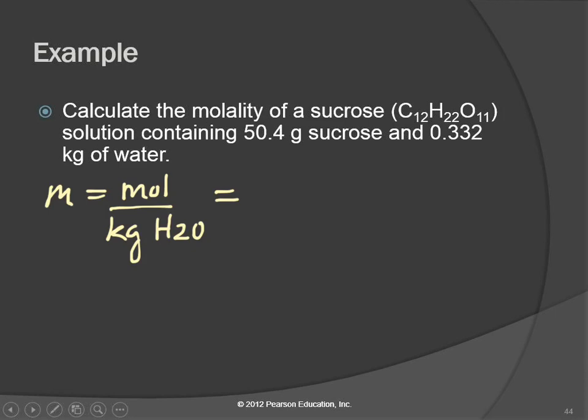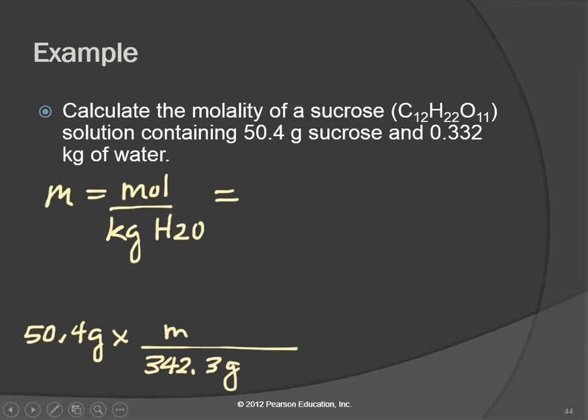How do we figure out the moles of sucrose? They gave us a mass: 50.4 grams of sucrose. We're going to have to use the molar mass, which we calculated previously to be 342.3 grams per mole.